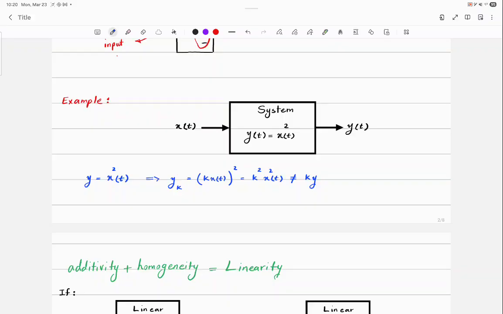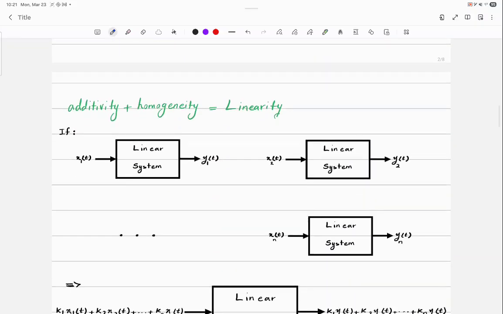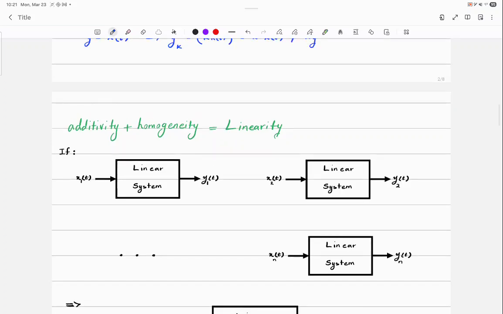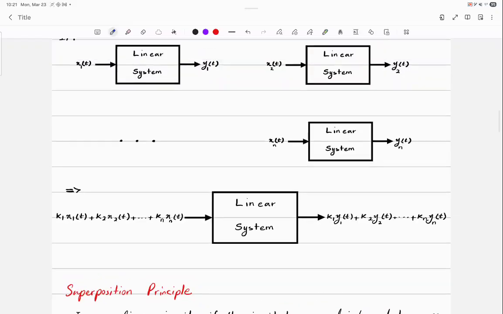Now that we talked about homogeneity and additivity, we can say that any system that has these two properties together is called a linear system, okay? And we're going to talk about how we can handle these systems. So any system that has these two properties is called linear.